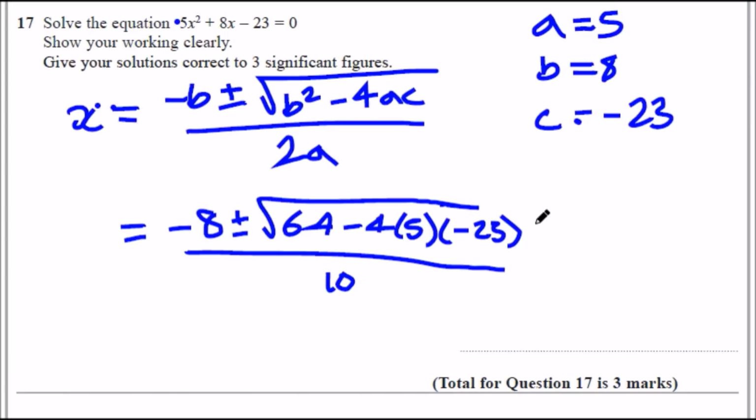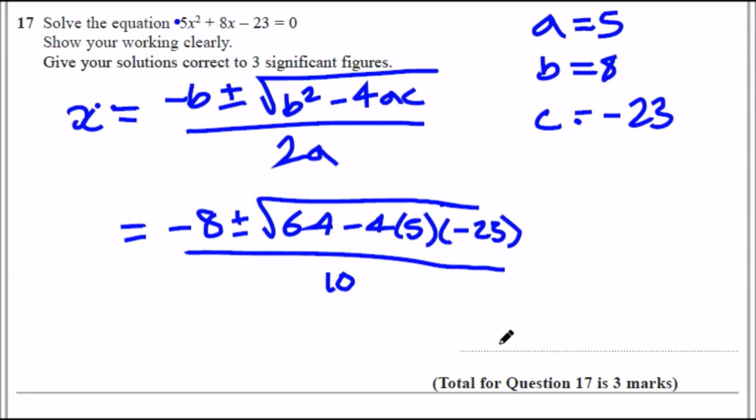So it would be minus 8 plus the square root of 8 squared minus 4 times 5 times minus 23, over 10. Okay, for my first solution, I use the plus version first.